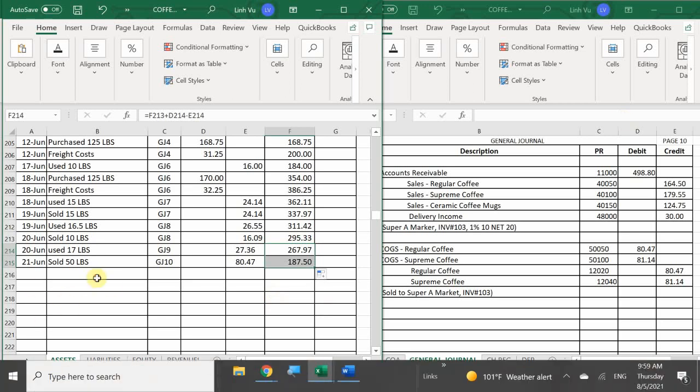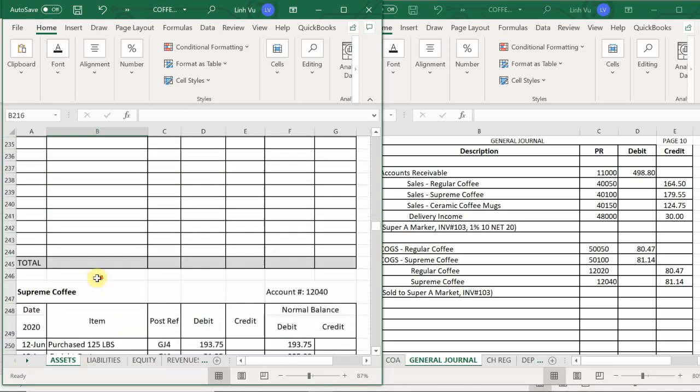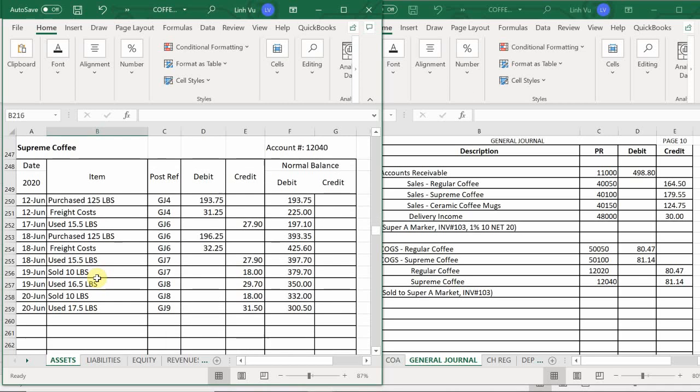Last but not least, we need to update our Supreme coffee.